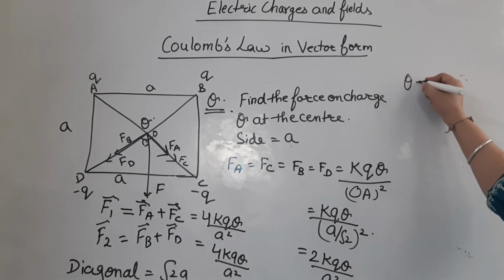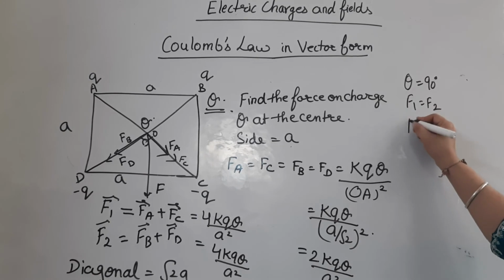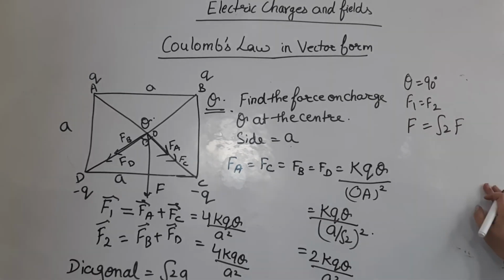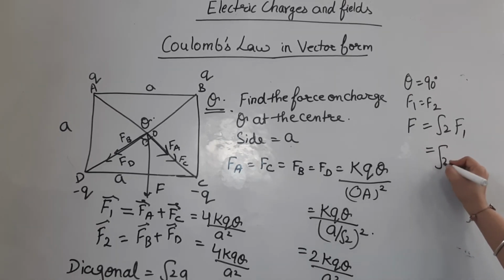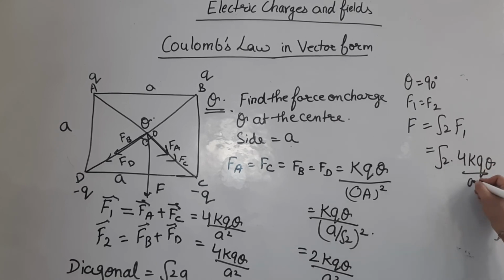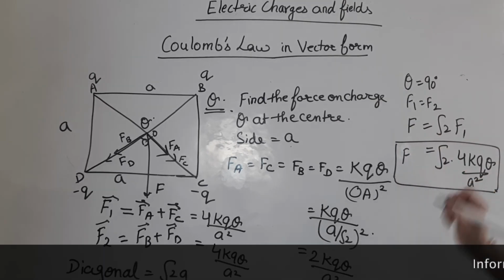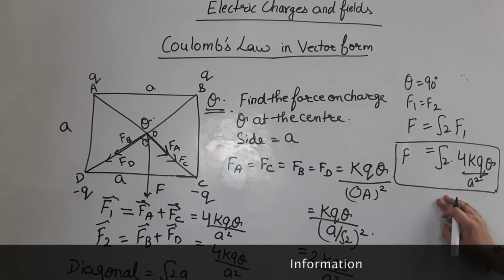Whenever theta is equal to 90 degrees and the two forces are equal, the resultant will be root 2 times one of the forces. So root 2 times the force, that is root 2 times 4kqQ upon A square. This will be the force on the charge Q.